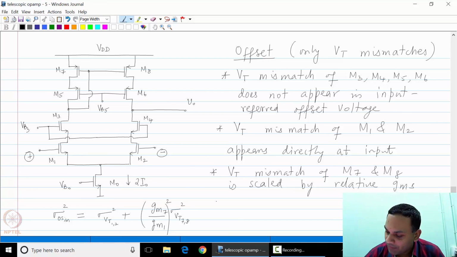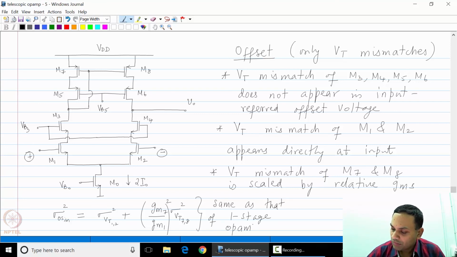This is also the same as that of the one stage op-amp. So there are some parameters that are different for the telescopic op-amp and some that are the same when compared with the one stage op-amp.